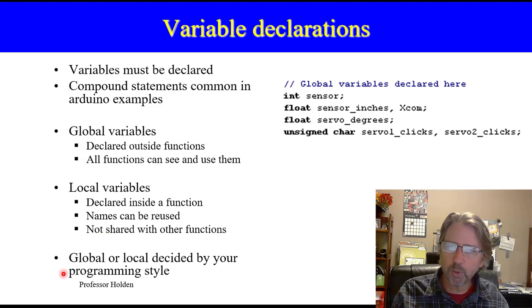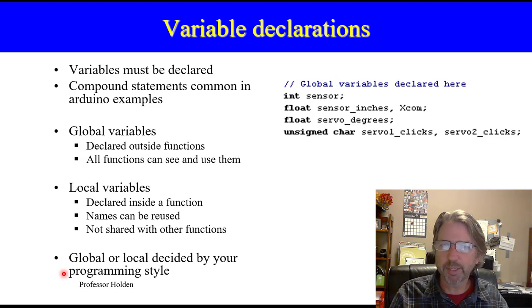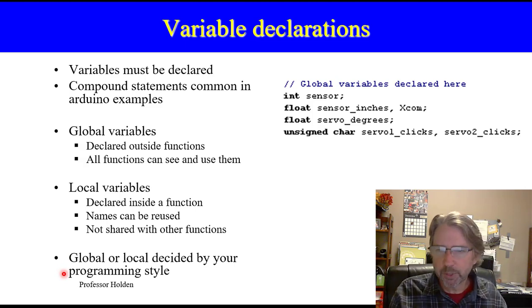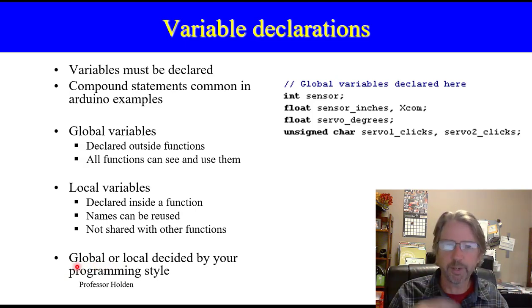So whether you use global or local is definitely a programming style thing. Most modern programming styles use a lot of local variables and really frown on using global variables just because it's hard to keep track of global variables and it's not as portable and reusable if you have your declarations outside of the functions.